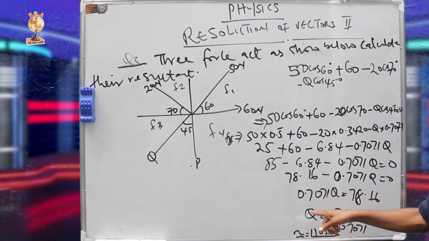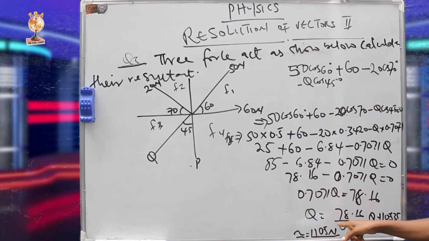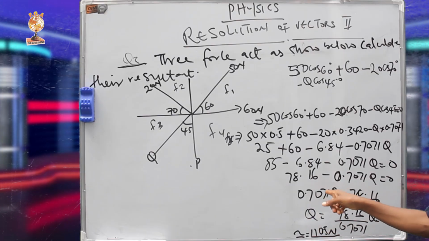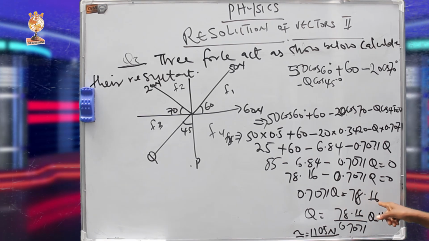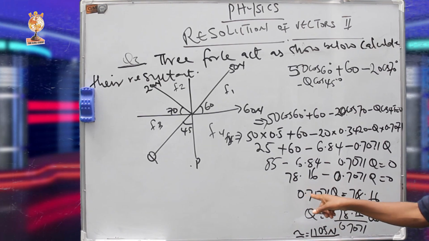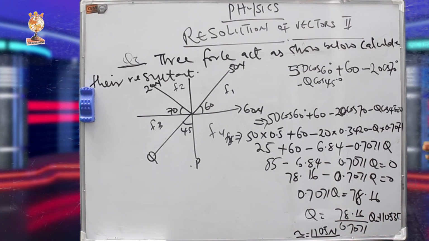So how do I get my Q? Divide both sides by 0.7071. Q will remain. Q is equal to 78.16 all over 0.7071. If I divide it, I will have 110.53555.